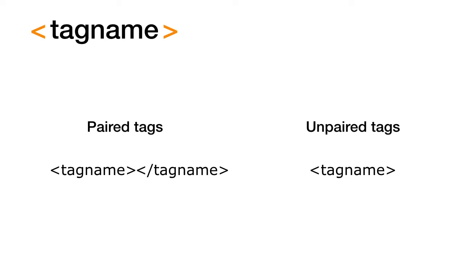In the case of a paired tag, the first one is called the opening tag and the second one is called the closing tag. Both of them are identical except the closing tag includes an extra forward slash before the tag name. Unpaired tags can be written in the normal way, or they can be closed by putting a forward slash at the end.